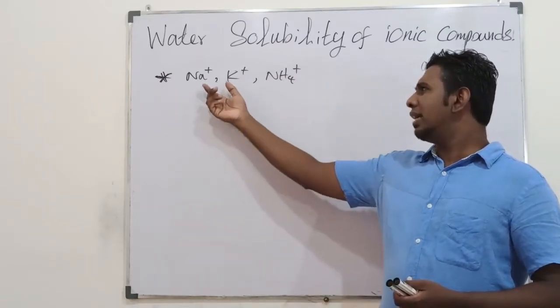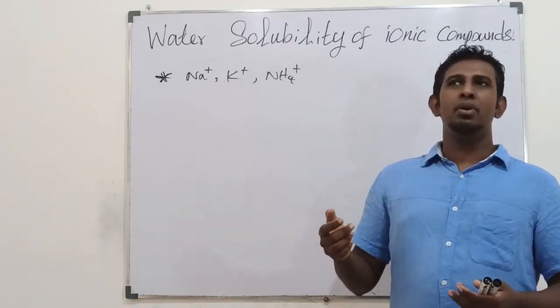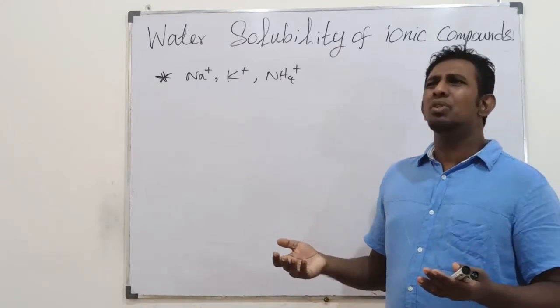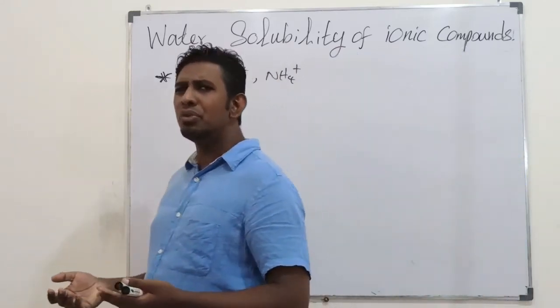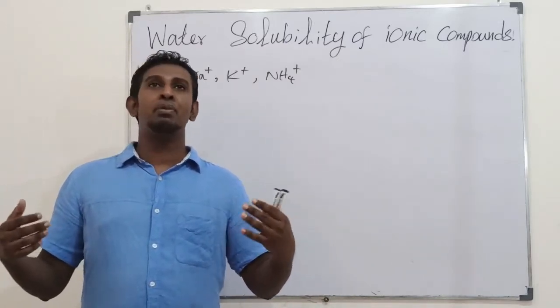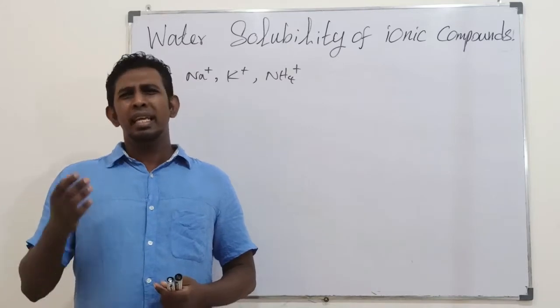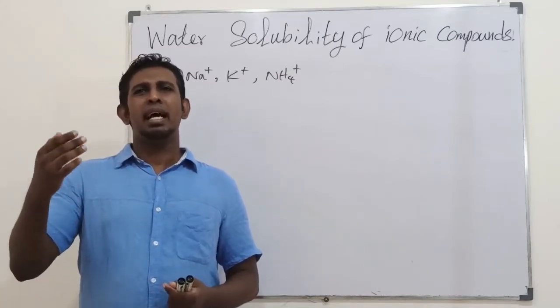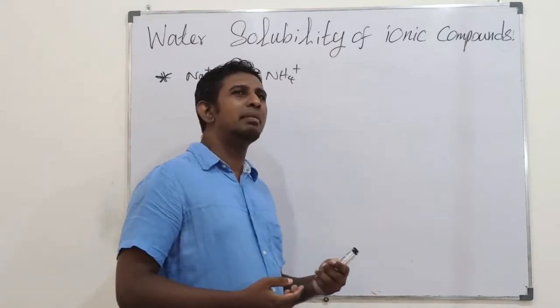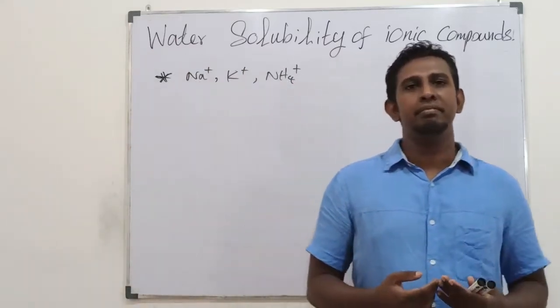Why is it only sodium and potassium, and not the elements further down the first group? Actually, for rubidium, cesium and francium, you are not going to experience many of their compounds. So if we start talking of them under this category, it would become not very realistic.